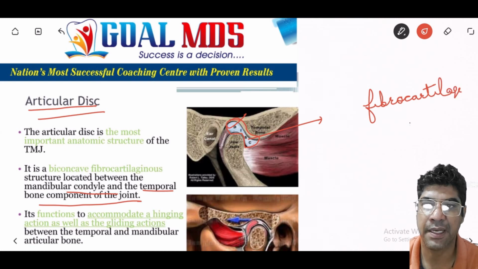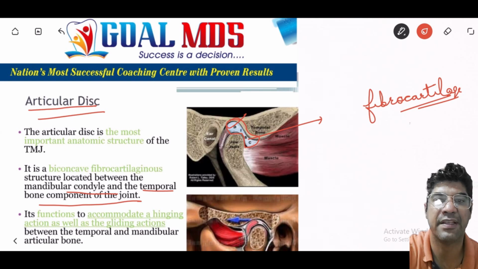The disc is primarily composed of fibrocartilage, which makes it durable and capable of withstanding the forces and stress of jaw movement.